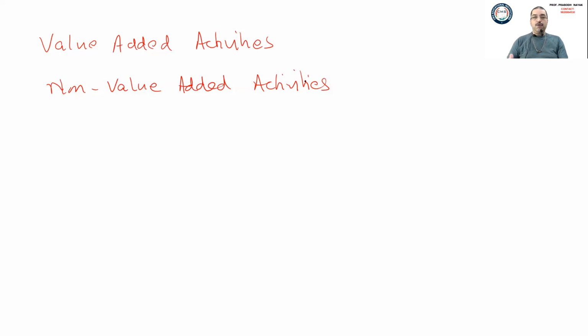Okay, so I want to now start directly with the problems based on activity-based costing. So you can just refer to page 116 of your book. Page 116.